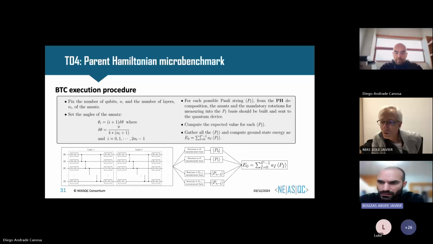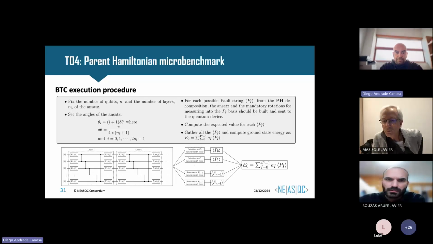About the parent Hamiltonian, how can you build it? Well, I didn't implement that part, but there are a lot of implementations available. Most of them are narrow or constrained to the physics world, but in our repository we have the implementation for that.